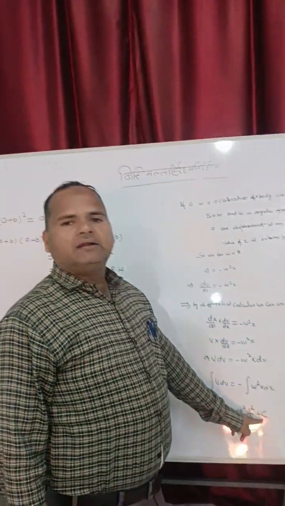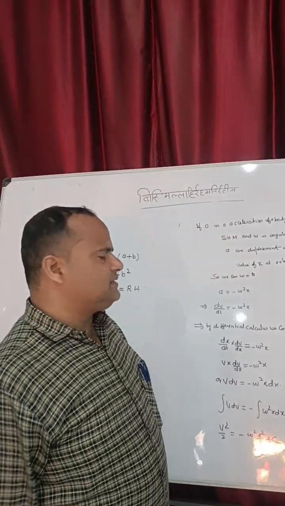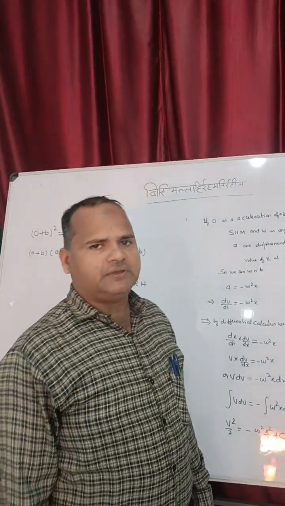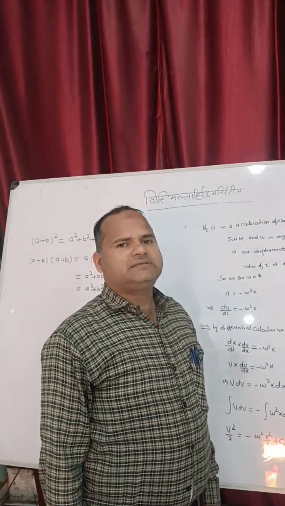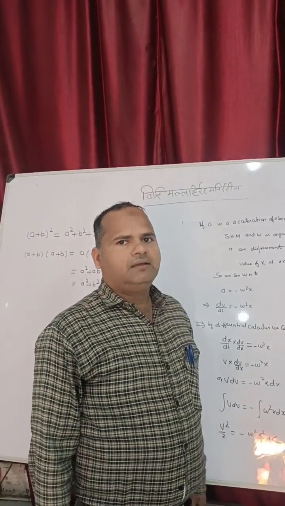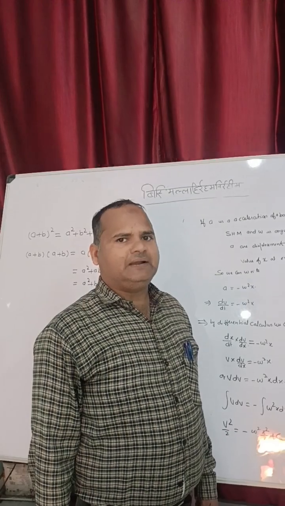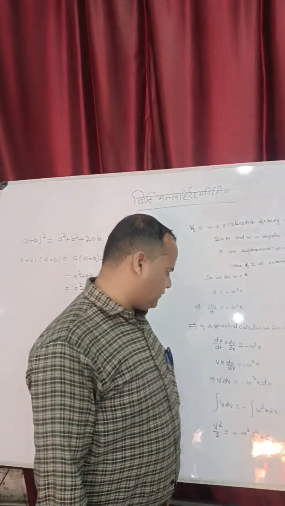In order to find the constant of integration c, we consider a body at its extreme position, its amplitude, meaning maximum displacement.